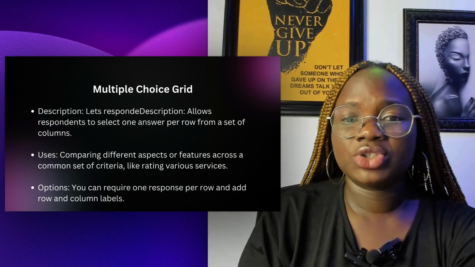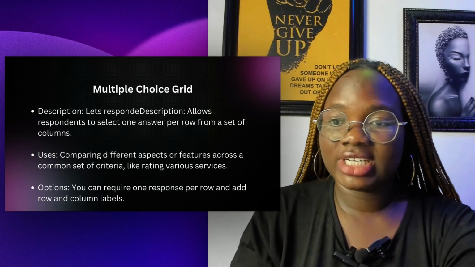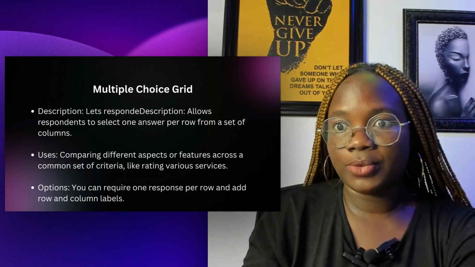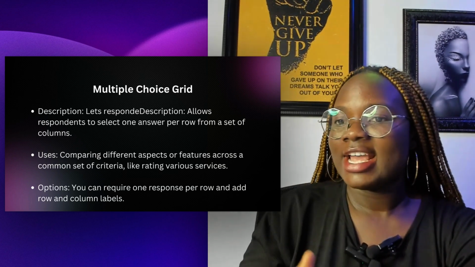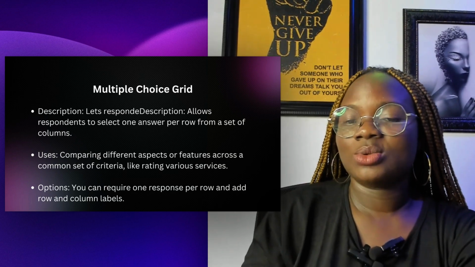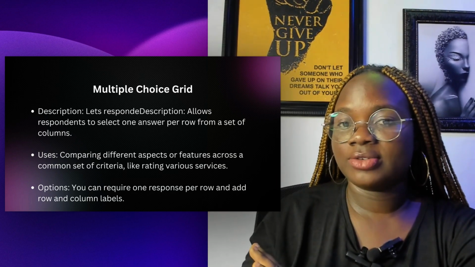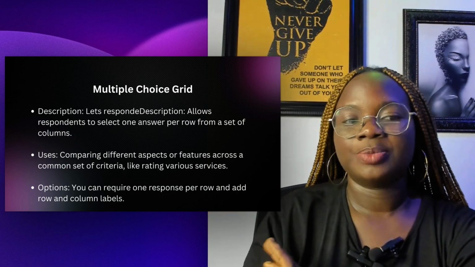Okay, so for multiple choice grid, it allows the respondents to pick only one answer per row. So the likelihood of them employing a CRM expert, an email marketing expert, and a data analysis expert. They can pick only one answer on each row.